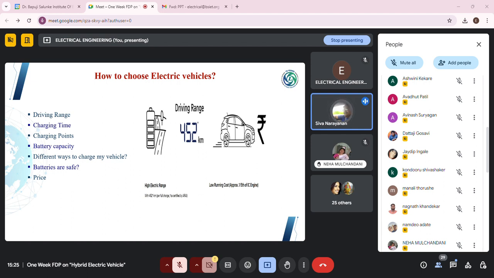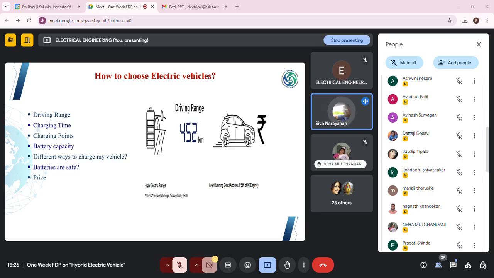Then charging points. This is a very big question mark, or the upcoming technology. The people who are interested in research can go to this point, which is called a charging point. Suppose you decide a route from A to B. There we need to find how many charging points are available, like our petrol or diesel bunks where we go and fill our petrol or diesel.